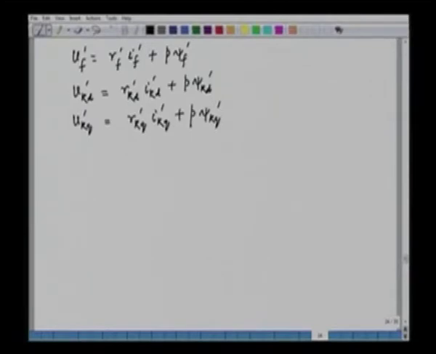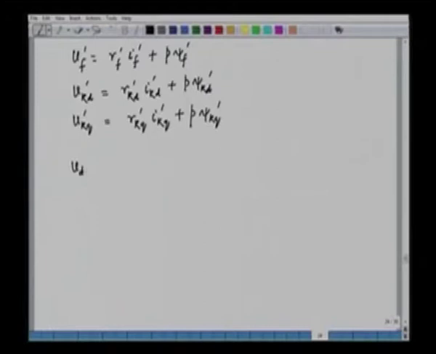If you write this in a matrix form, the equation will appear as follows: VDS, VQS, VF, VKD, VKQ, all referred from the primary side.